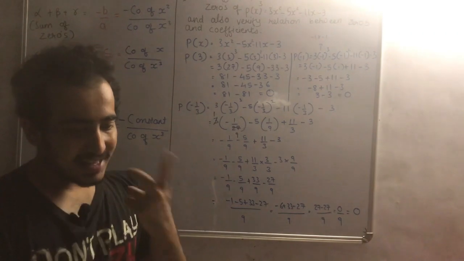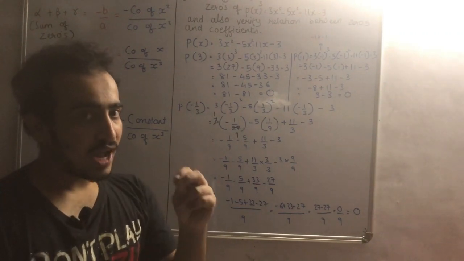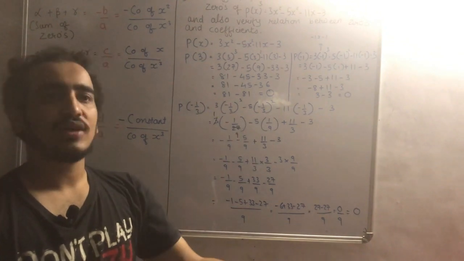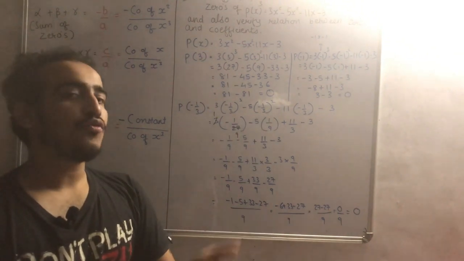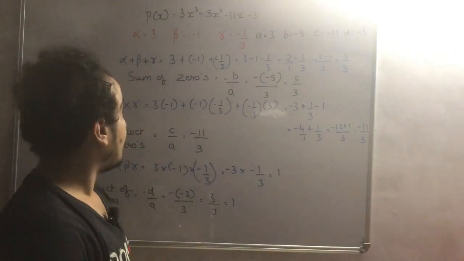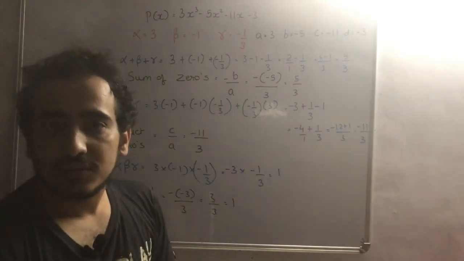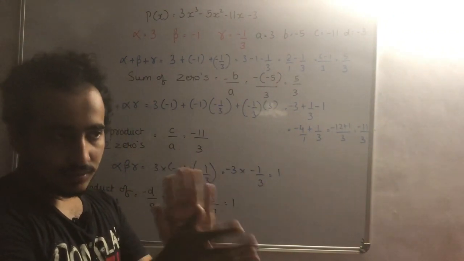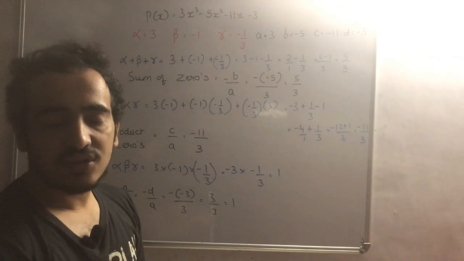So now in the next step, we have to verify the zeros with the coefficients. Okay, let's do it. We have to check whether the zeros and coefficients come with the same answer or not.